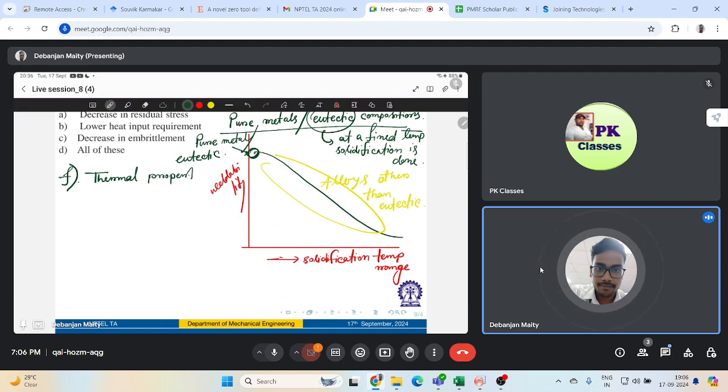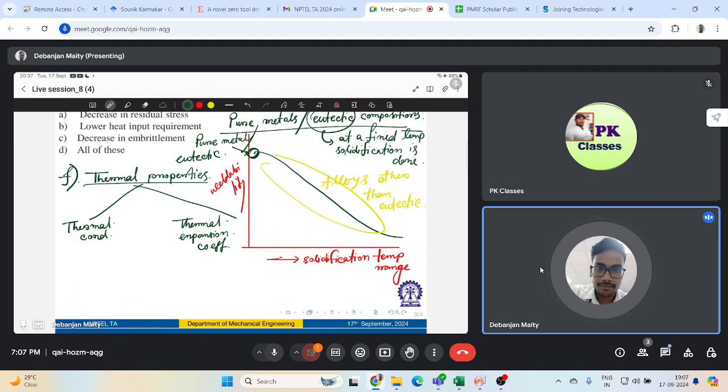And in thermal properties, we have two different things. What are those? I will have thermal conductivity of the metal and thermal expansion coefficient. So what is thermal conductivity?